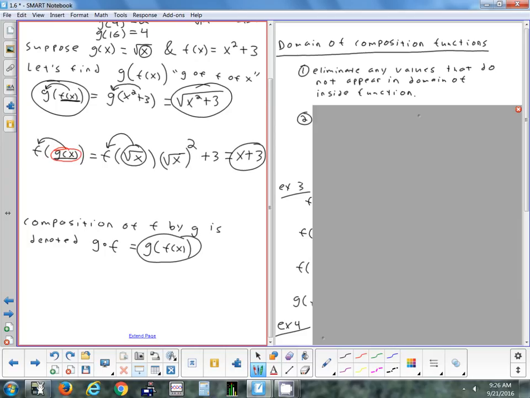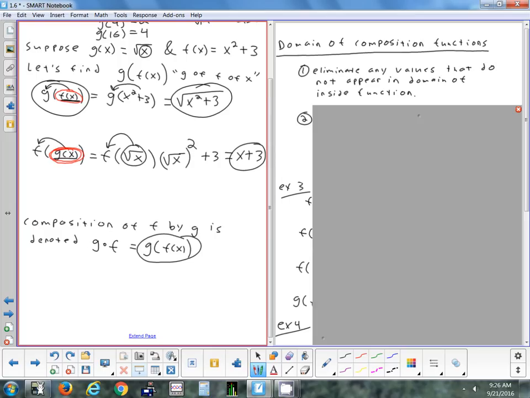When we write our domain, I'm going to use this as a starting point. Find the domain of the inside function. In the example above it, this was the inside function. So start by finding the domain of the inside function and eliminate any values you are not allowed to use. Things you're looking for: dividing by 0, square roots of negatives.